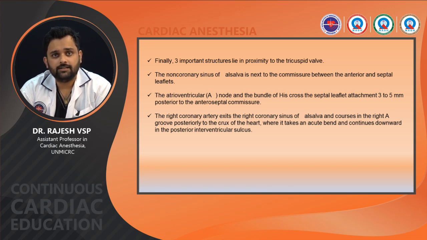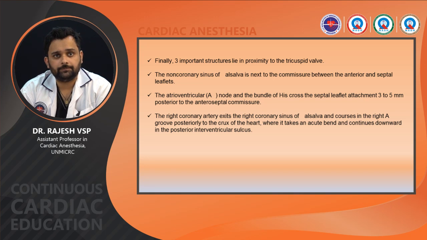The right coronary artery exits the right coronary sinus of Valsalva and courses in the right AV groove posteriorly to the crux of the heart, where it takes an acute bend and continues down in the interventricular sulcus. This is how, at times, to find the annulus of the tricuspid valve, the right coronary artery can be taken as a landmark.